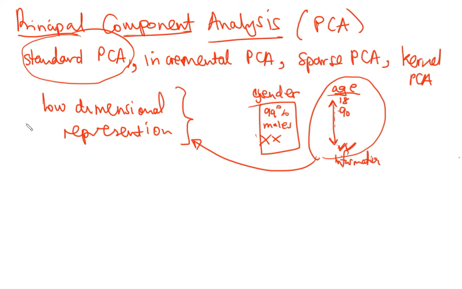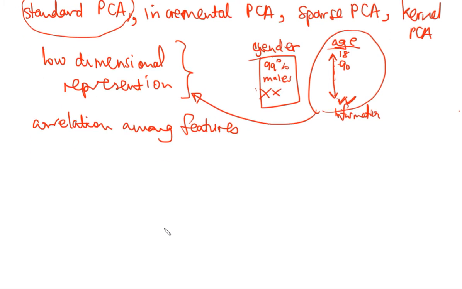It does this by addressing correlation among features. If correlation is very high among a subset of features, PCA will attempt to combine the highly correlated features and represent this data with a smaller number. So let's say we have 20 highly correlated features.